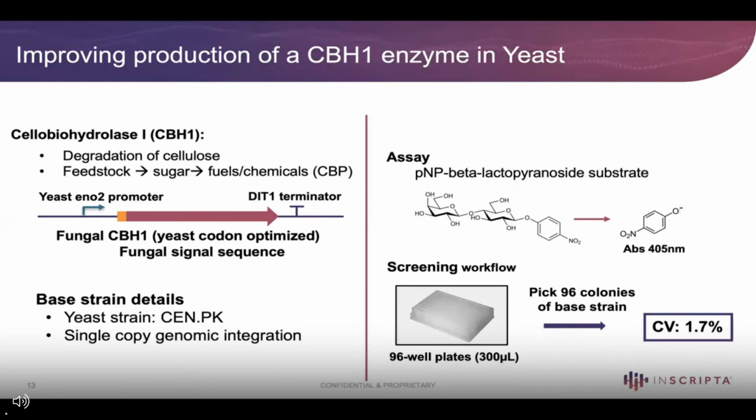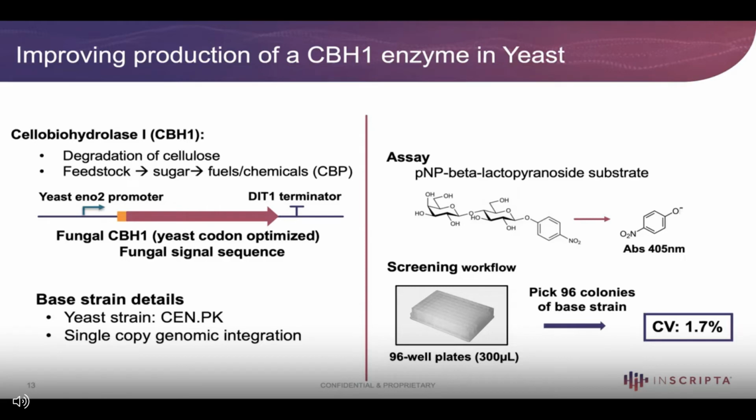So what we did is we generated a base strain with CBH1 variants, wherein we also put a specific signal sequence to allow for its export out of the yeast that we were using. We utilized a CEN.PK base strain, or parental strain, that we built this into. And then we expressed it with a TEF2 promoter and chose a terminator that would also give high expression. So we started with a pretty good expression cassette already integrated into the genome.